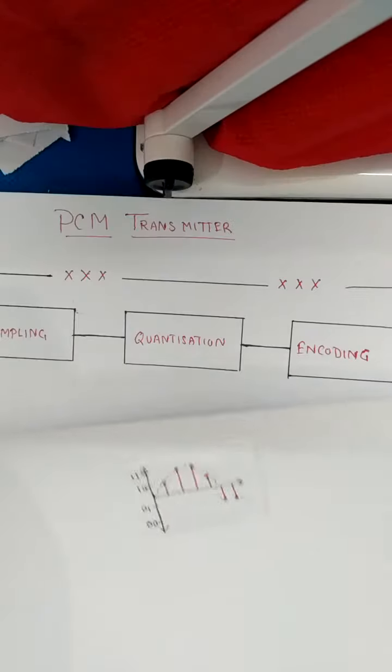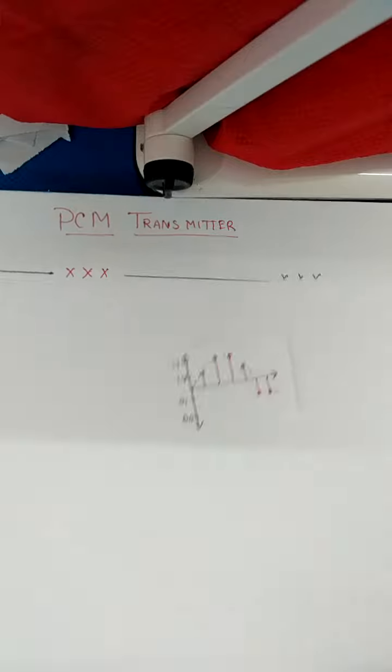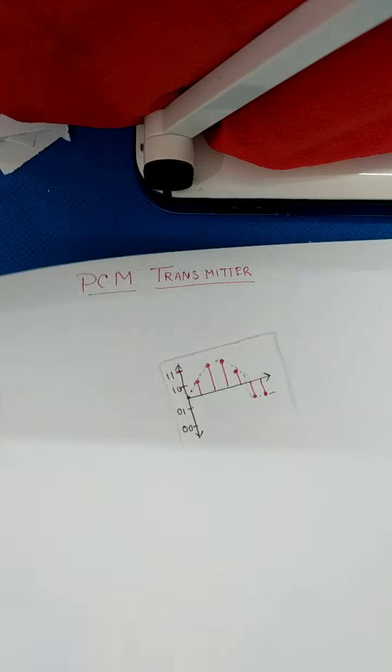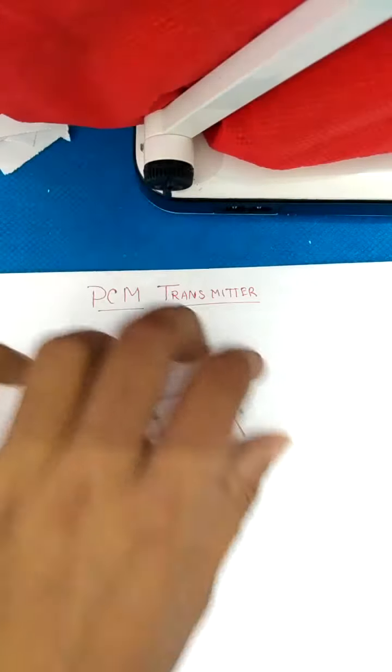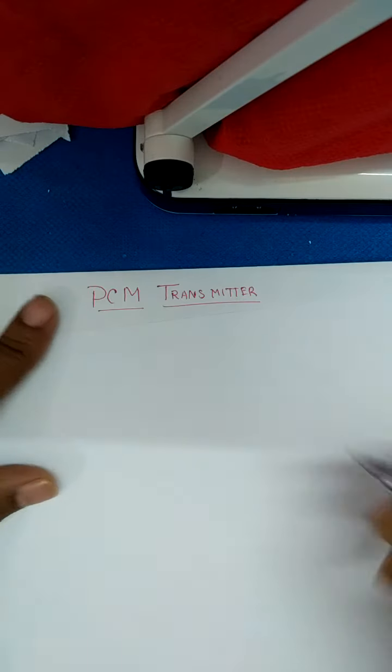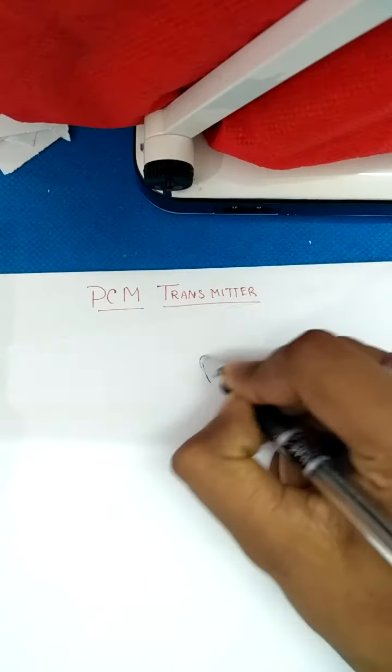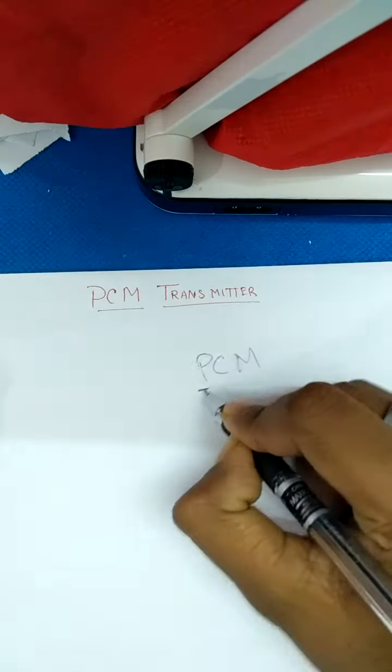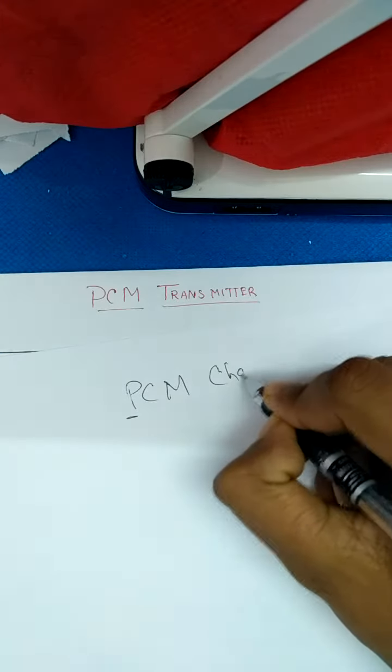For the circuit diagram or working block diagram, you may refer to a book. But in principle, one more thing has to be discussed, and that is your PCM channel.